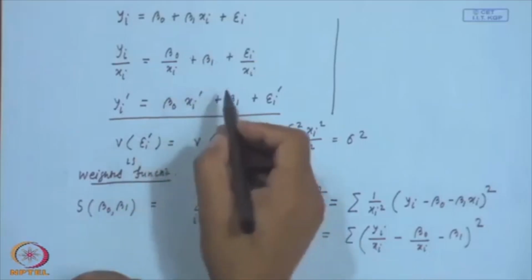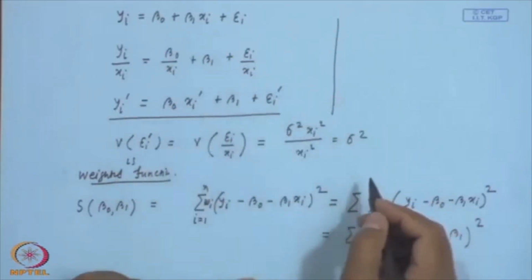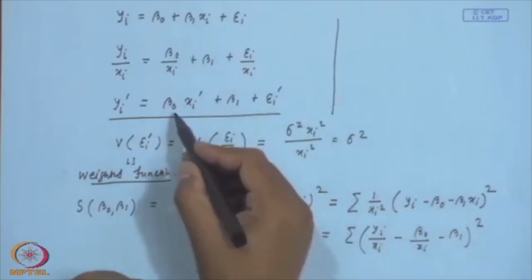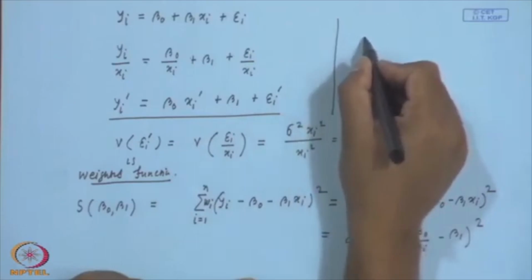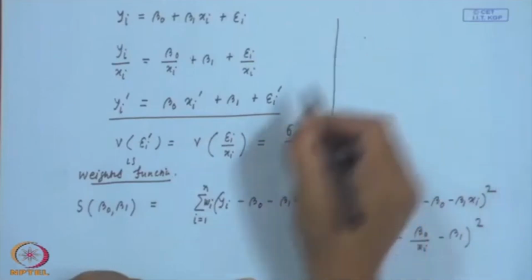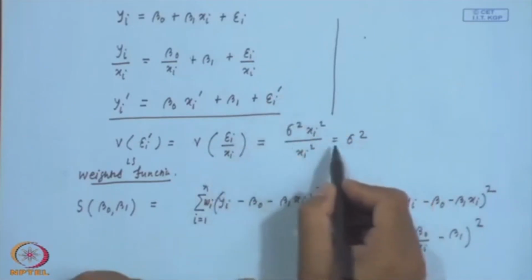Now, in part 1, this is the transformation we considered. So, here to compute beta naught and beta 1, you can see that the epsilon dash has constant variance.